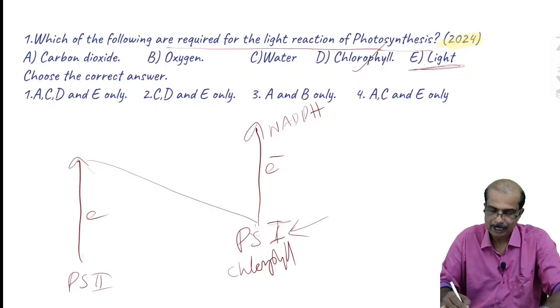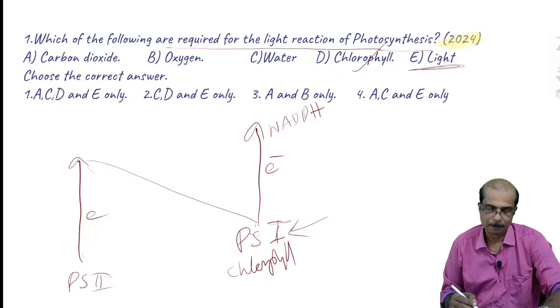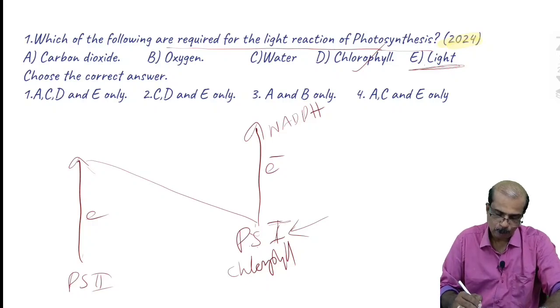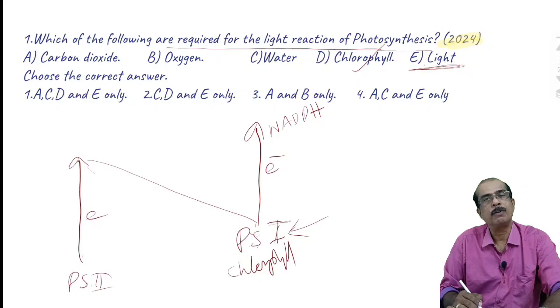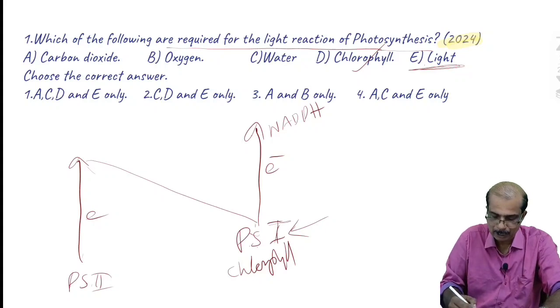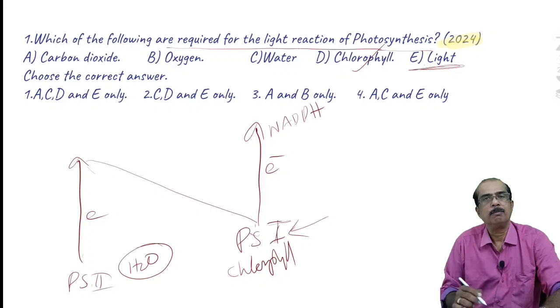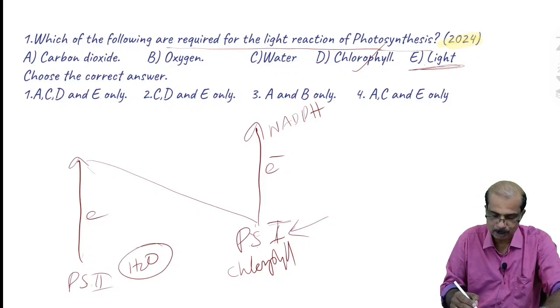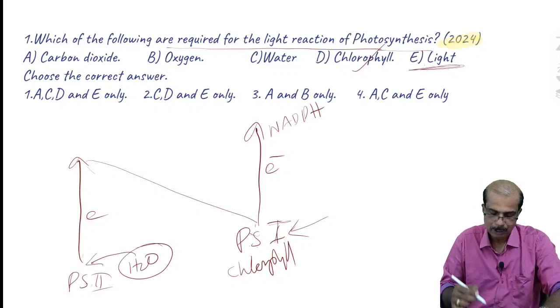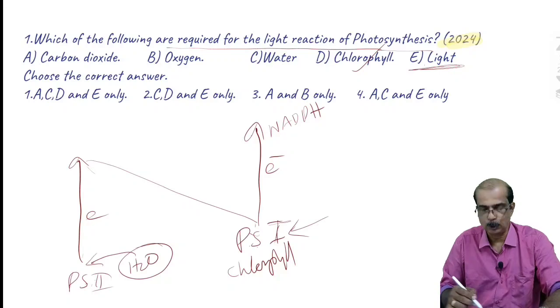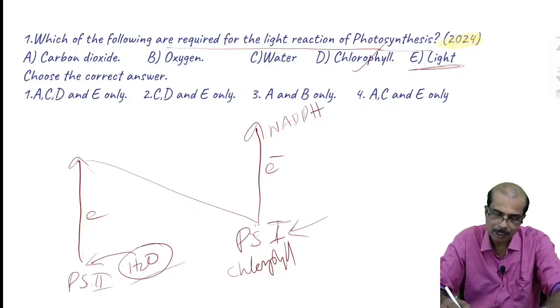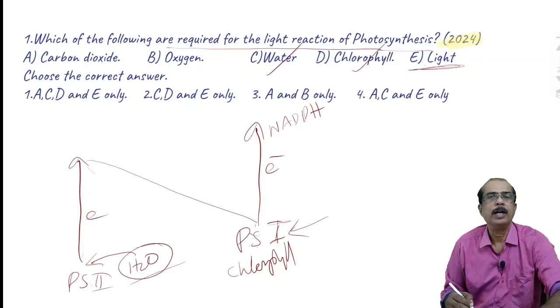This is the Z scheme of electron transport. And for compensating the electron lost from PS2, there takes place splitting of water, and from that photolysis of water, the electron is compensated in PS2. So for light reaction, water is also required.